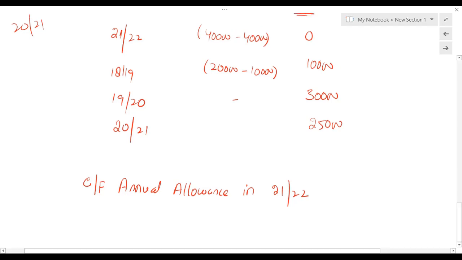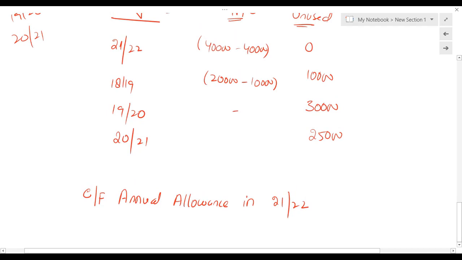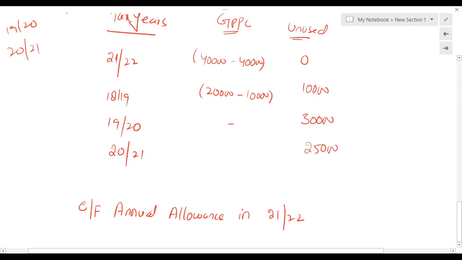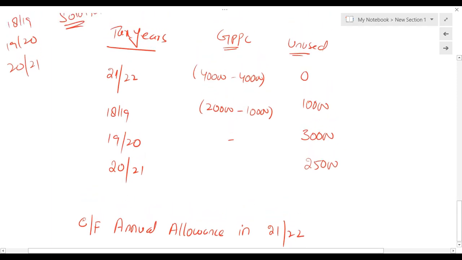Now listen carefully. I can carry forward a maximum of 3 years' unused limit, and that will be used on FIFO basis. Now I need to calculate carry forward unused limit. So now this 18-19, 10,000 will not come. Why? Because I can carry forward maximum 3 years unused limit on FIFO basis.